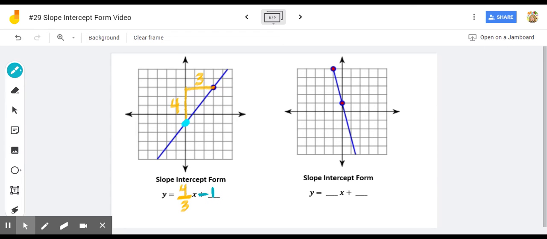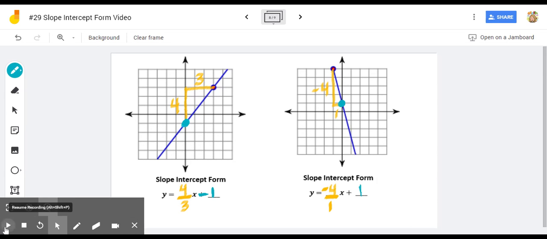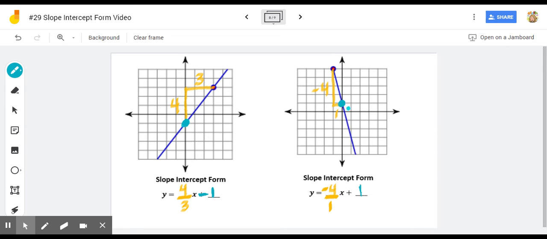It's that simple. So let's try it again from the graph. We need our slope and our y-int. So it looks like we went down 4 and we went over to the right 1. So our slope is down 4 over 1x. And then our y-intercept on our y-axis, we literally touch up at 1. So plus 1 is our y-int.